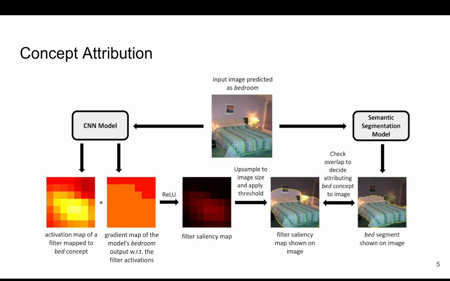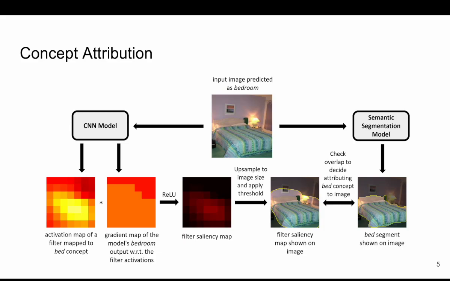Next, we proceed to the concept attribution step. Once again, we take every image in the target dataset. On the right-hand side of this illustration, we repeat the semantic segmentation process from the first step. So for every image, we know the potentially interesting concepts that exist in the image and where they're located.